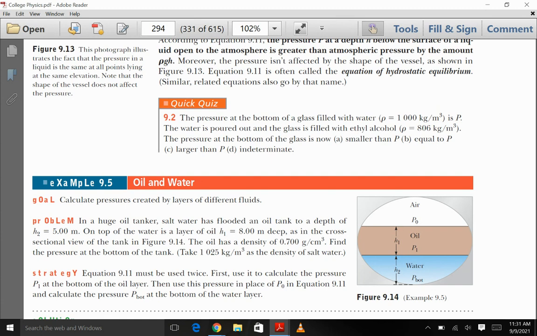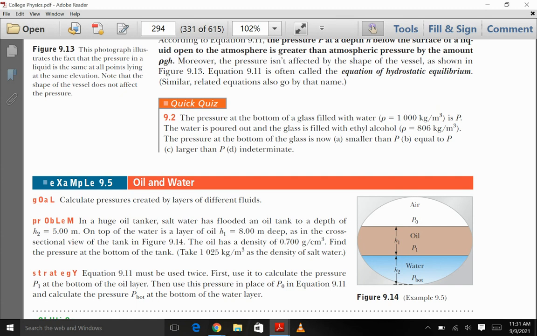The depth of the oil, you see, is that H1 there, right? So the pressure acting on top of the water is P1. Why are you getting a pressure of P1? Because this is the atmospheric pressure plus the pressure that has been added due to the depth. You get that point, right?